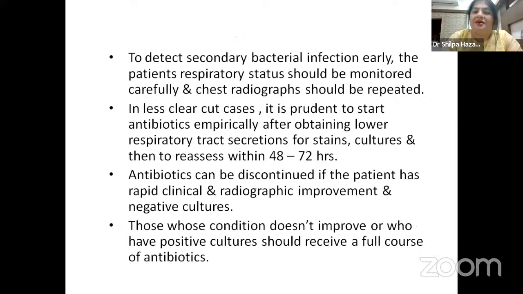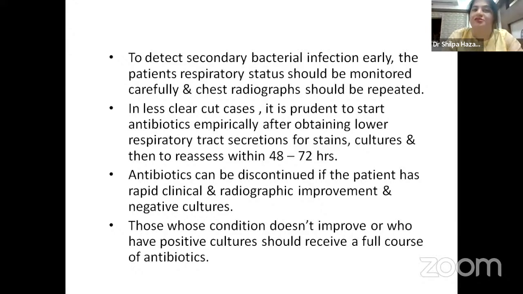Now, detecting secondary bacterial infection early is the challenging thing, and it is required because the mortality is 3 times that of a normal pneumonia patient, so we need to be very alert. For that, respiratory status should be monitored, because if it's a chemical pneumonia, it should improve in 72 hours or at least 3 to 4 days.